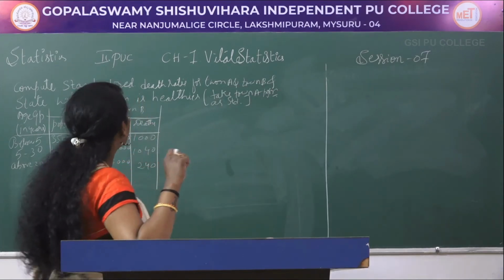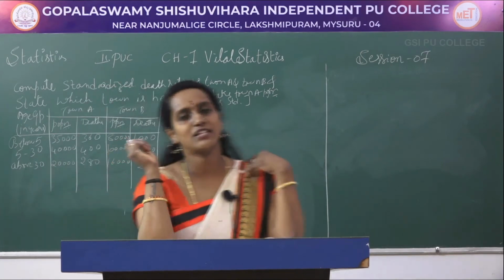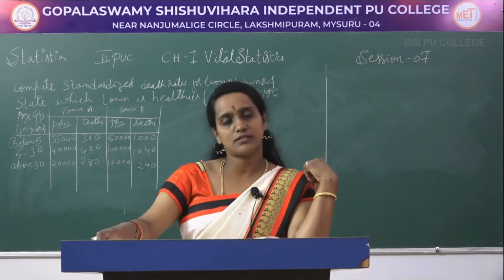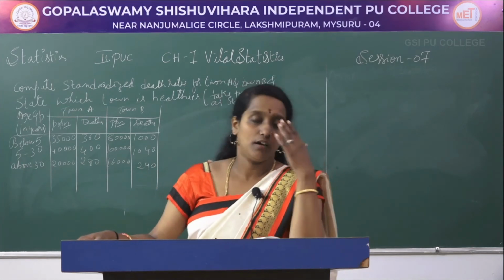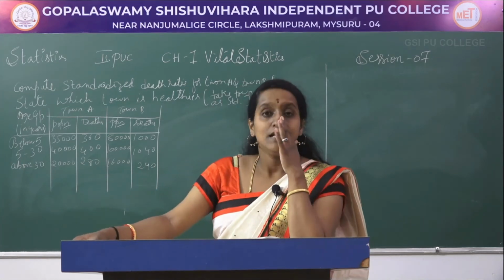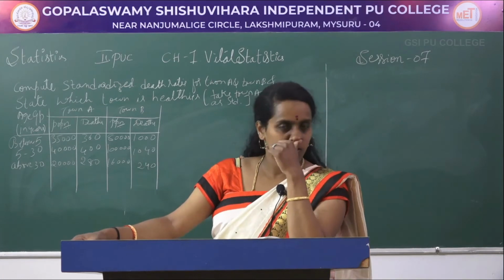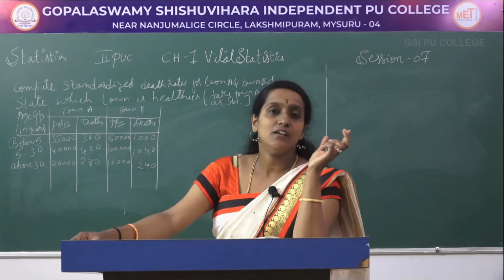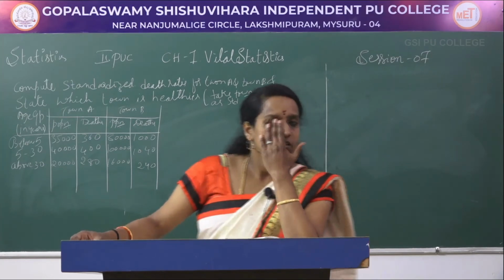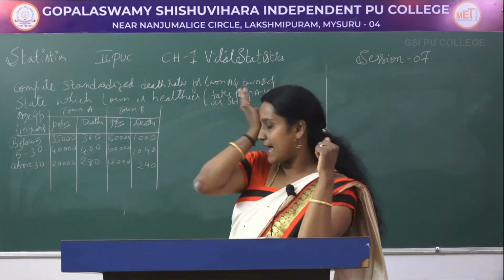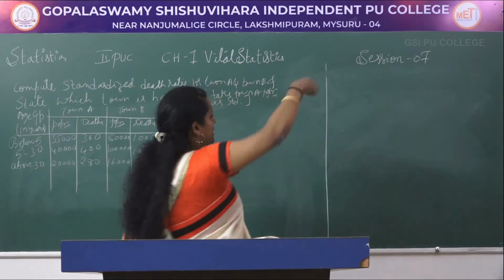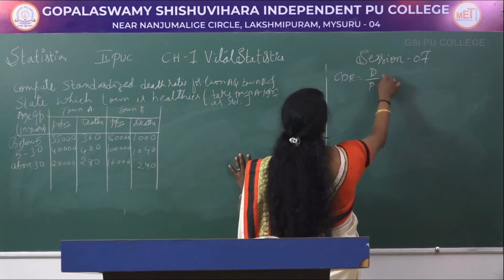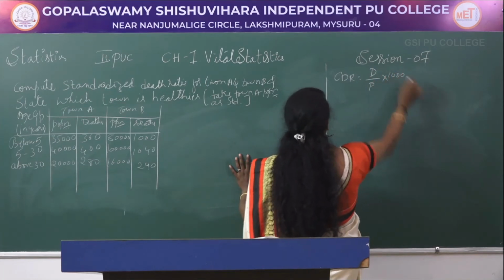So no need to calculate the standardized death rate for town A. If we calculate the CDR, crude death rate, for the given data, that itself is the standardized death rate. So for town A we will calculate the CDR. CDR is equal to deaths per 1000 into 1000.